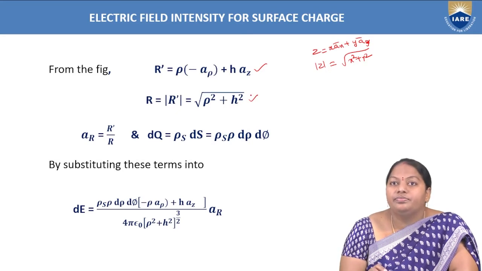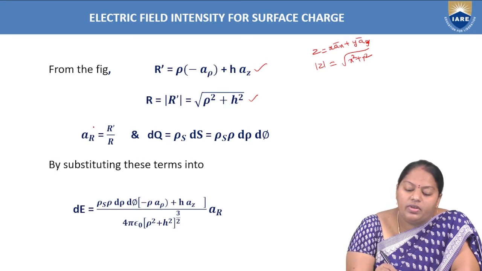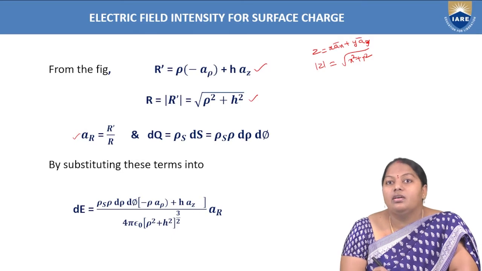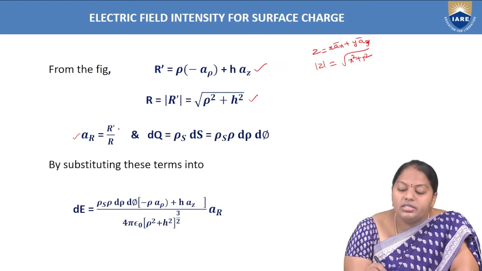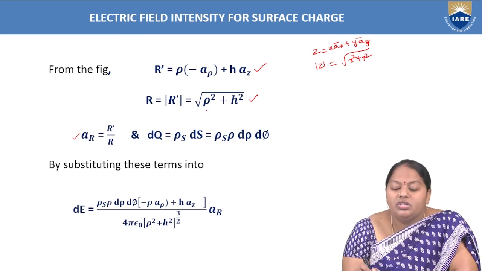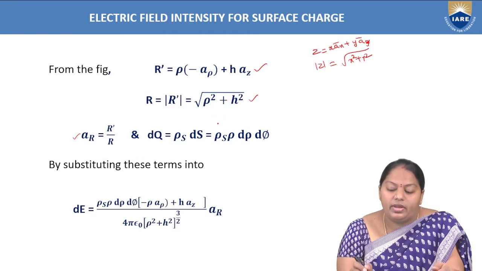Right? So now, one more unknown variable here is given by a R, and it is equal to R dash by R. Then R dash is given by minus rho a rho plus H a z, and R is the magnitude of that equation. It will be root of rho square plus H square.